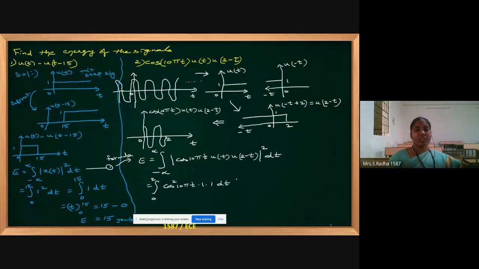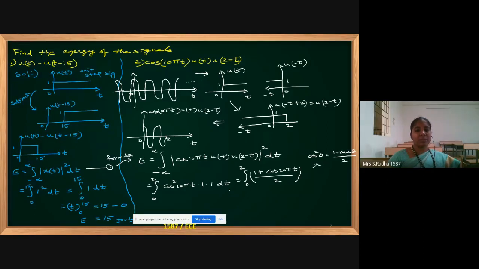So further if you simplify this, integration from 0 to 2 of 1 plus cos 20 pi t divided by 2. Cos square theta I am writing as 1 plus cos 2 theta divided by 2; this formula I am using here.